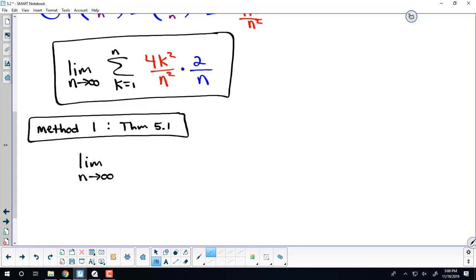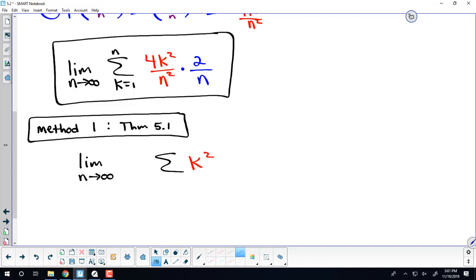So we're going to have the limit at infinity. In front of the summation, we just want the k part, right? Because the theorem is presented as the sum of just k squared. So that's what we want if we're going to use Theorem 5.1. The 4, the n over the n squared times the 2 over n, that can all be pulled out in front of the summation because it's just a constant times that sum.